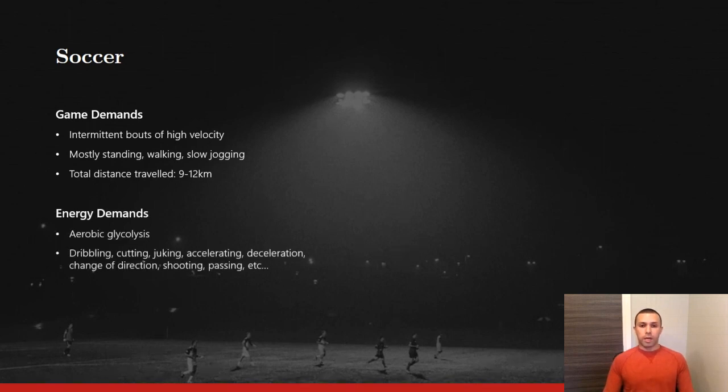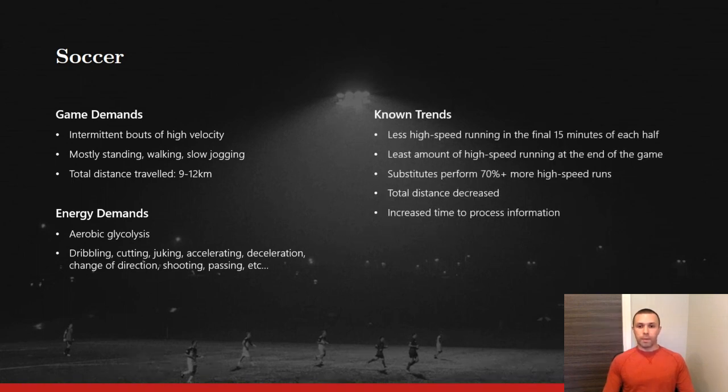We also know that carbohydrates are the main fuel source for soccer players, especially at the end of games where we've seen that they are low on it. And carbohydrates are what fuel the 1,000 to 2,000 distinct movements that players make throughout the game. Finally, we know that our soccer player here will have less high-speed running at the end of each half, significantly less in the last 15 minutes of the second half.